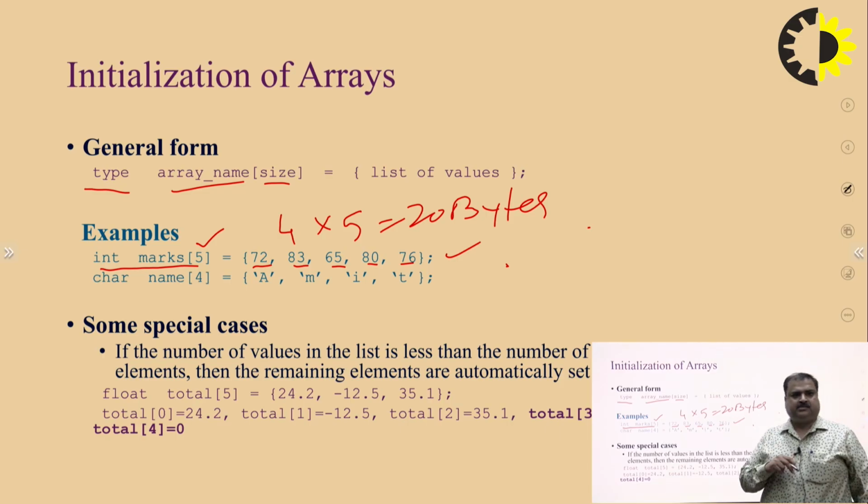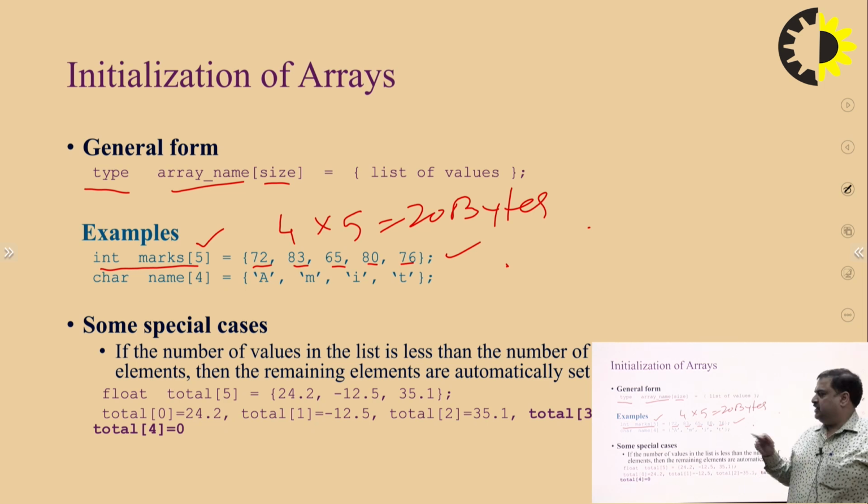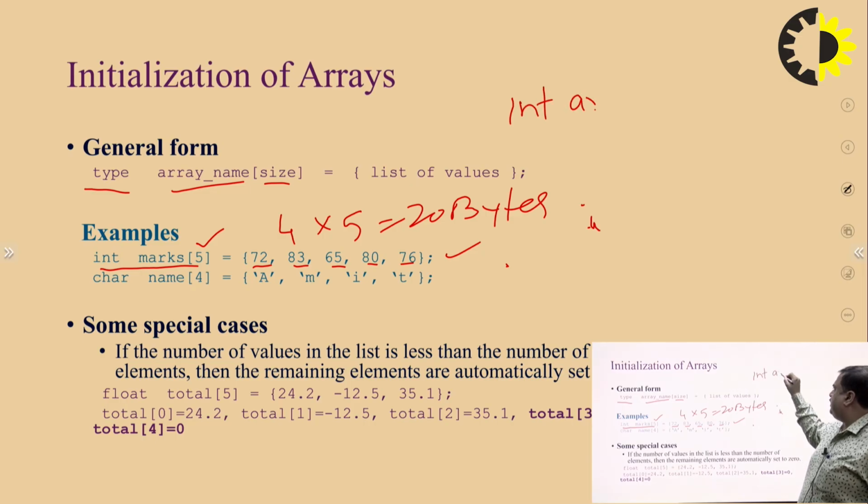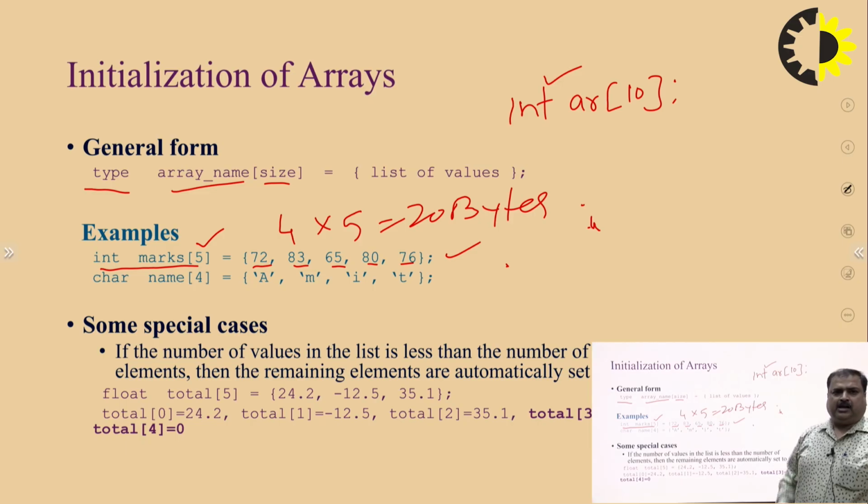In the previous lecture, we also saw that we can declare int AR[10] like this. Here we are only reserving a contiguous memory location of 4 into 10, that is 40 bytes.